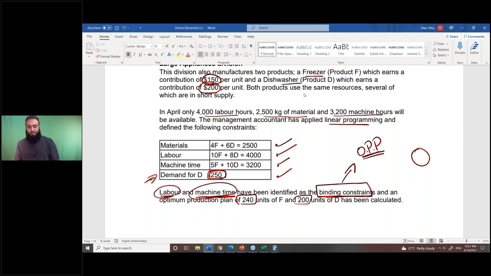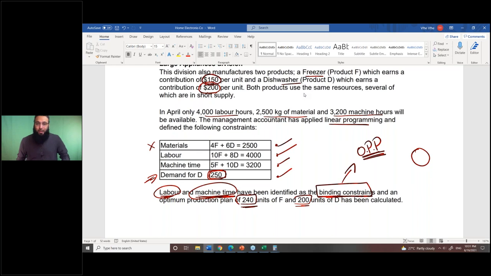This means the optimum production plan and your optimum answer was on the lines of machine and labor and not on materials, which means material is a limiting factor, but your optimum point is not there.